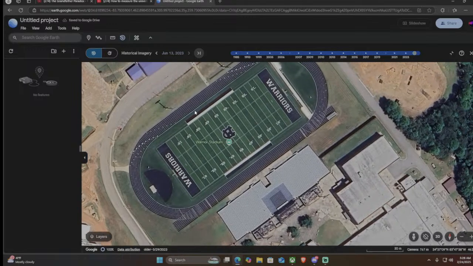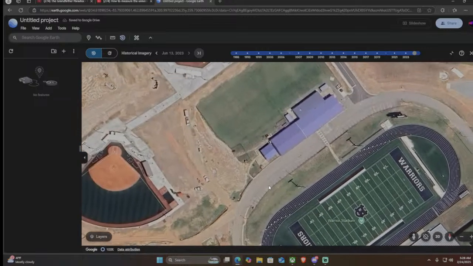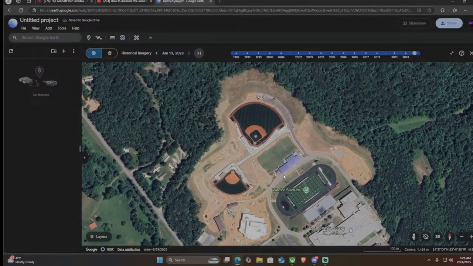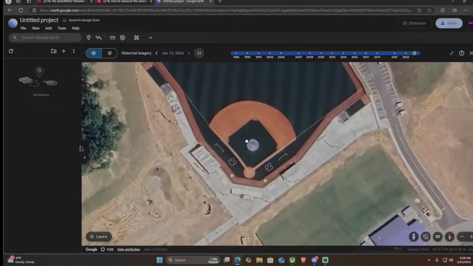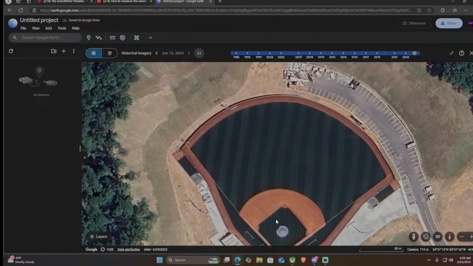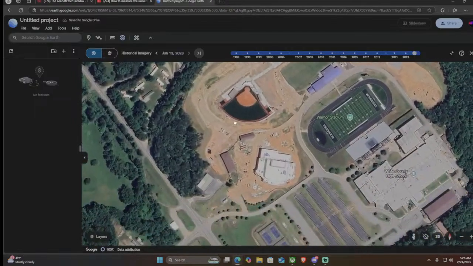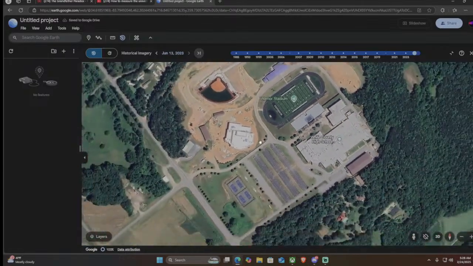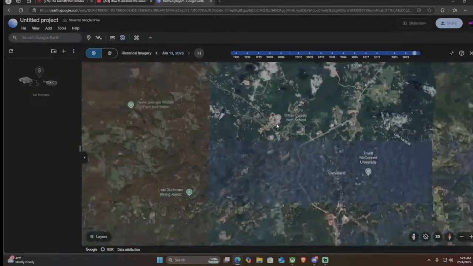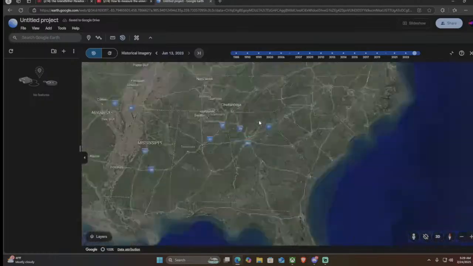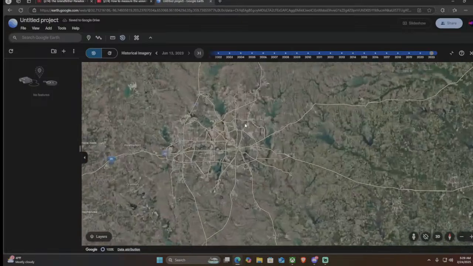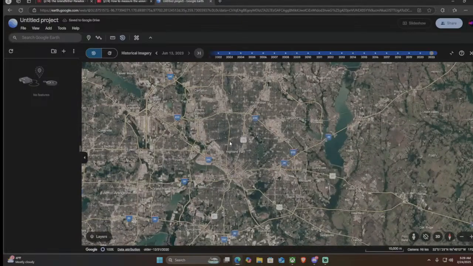Yeah, like, I don't know why you have that concrete around the grass. Why don't you just run on grass? I don't know, why don't you just run on grass?